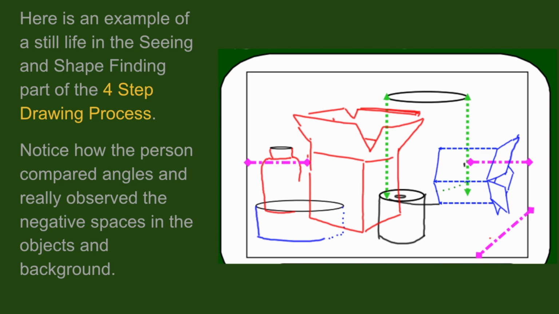Then the other thing that you need to think about are how wide certain things are, and you're going to use one object to compare the rest of the objects in your still life. So for example, I think this was a toilet paper roll. So if you measure that toilet paper roll, there are about 2 toilet paper sections in the box that is on the right.